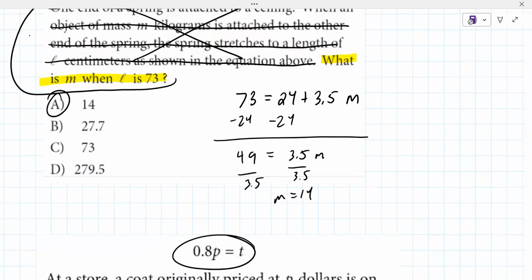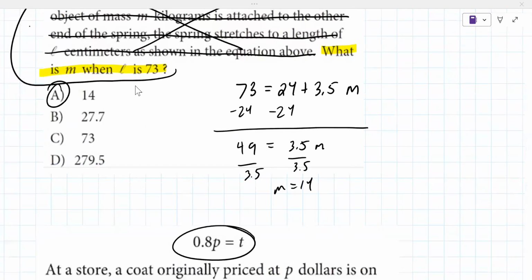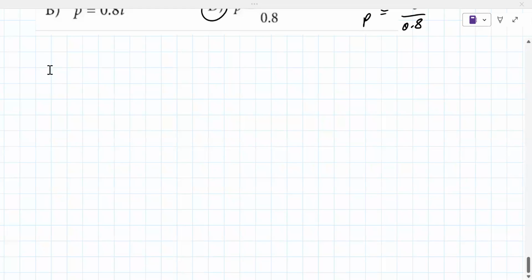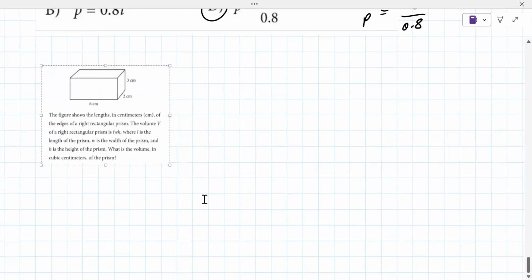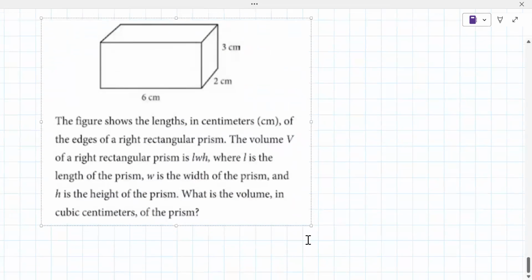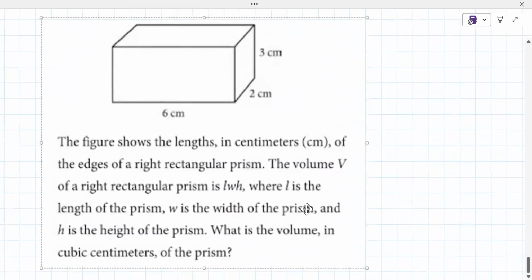All right. So for this next problem here, I want you to read the call to action and solve the problem. This is a free response. There's no multiple choice. What is the volume in cubic centimeters of the prism? The volume is length times width times height, right?